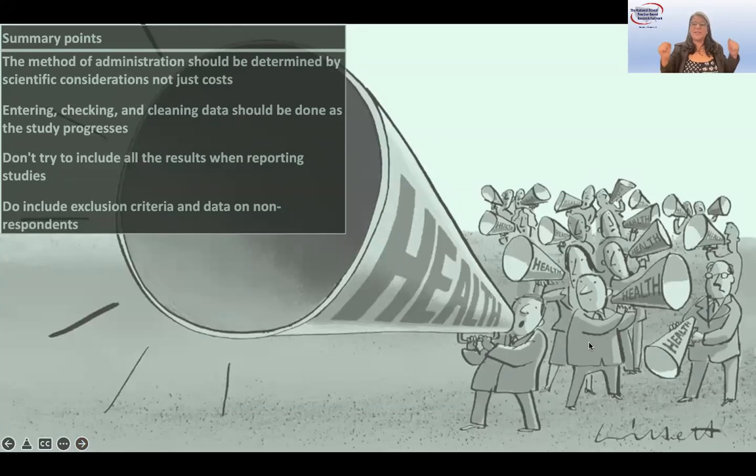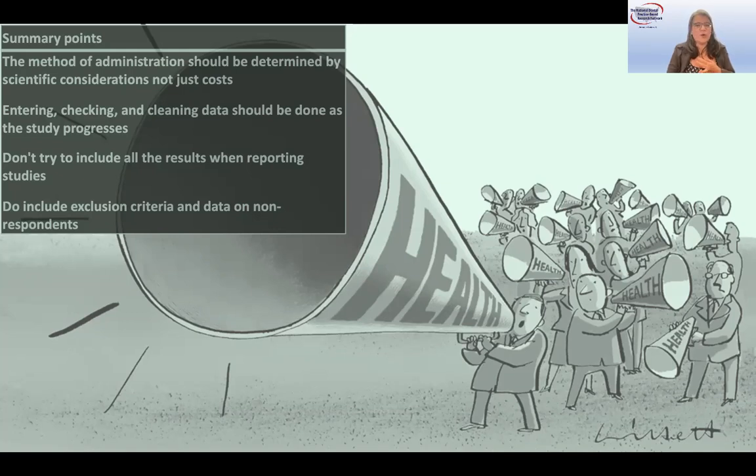So we got to the end of our lecture on surveys, and I want to bring home those points here. The method of administration should be determined by scientific considerations, not just costs. And you saw how that could impact your survey. Entering, checking, and cleaning the data should be done as the study progresses.